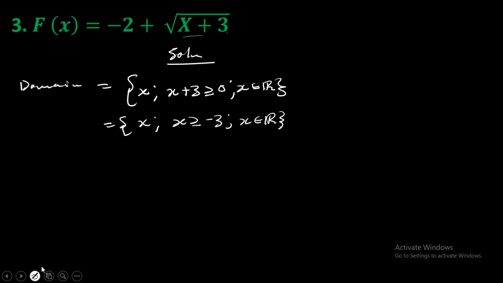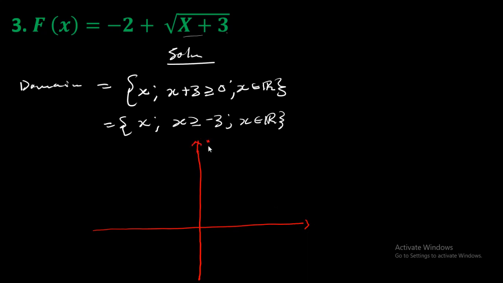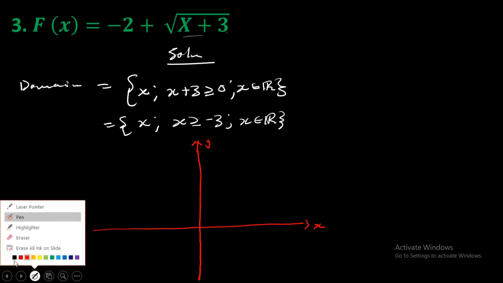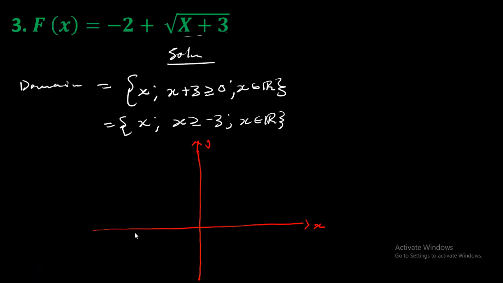So you can easily sketch the graph by putting your y-axis there, and then you can also make your x-axis there. So this graph is starting from negative 3. Negative 3 is somewhere there.